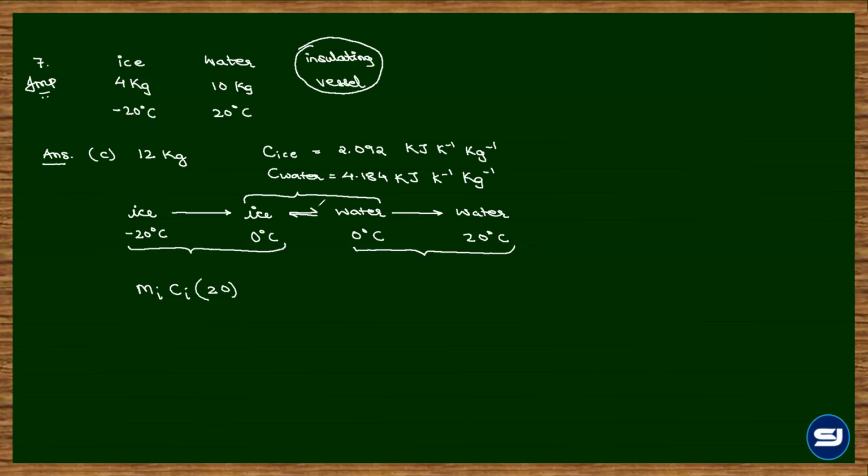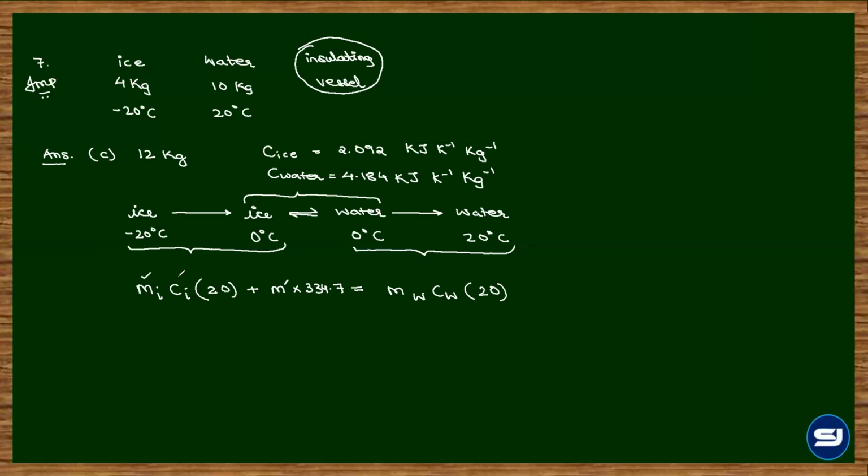So as per law of conservation for the insulating vessel, the heat which is absorbed for this process is equal to heat which is released by this process. मतलब इन दो प्रोसेसेस के लिए जो हीट एब्जॉर्ब हो रहा है वो इस पर्टिकुलर प्रोसेस का हीट रिलीज की वजह से मिल रहा है. करेक्ट. सो m dash यही अपने को फाइंड करना है into 334.7 and this should be equal to mwcw into, again the difference is same, 20.